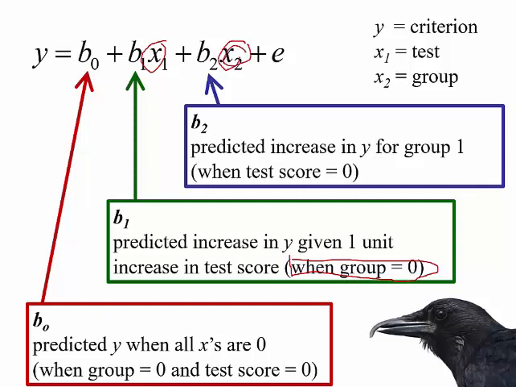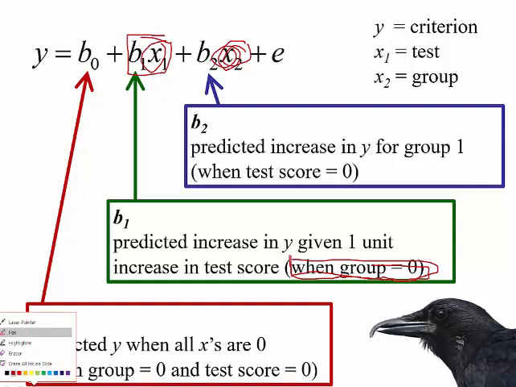So when x2 is 0, meaning you're in group 0, beta 1 gives you the effect of x1 when x2 is equal to 0. So if we want to be technically accurate, we say when group equals 0. So it's a predicted increase in y given a 1 unit increase in the test score when group equals 0.